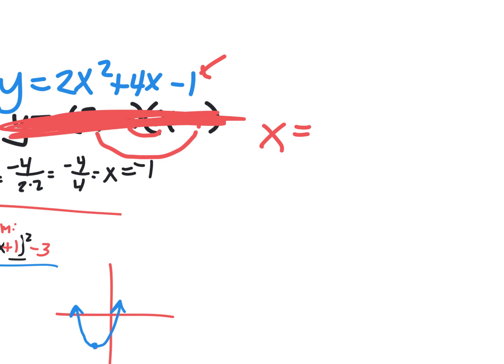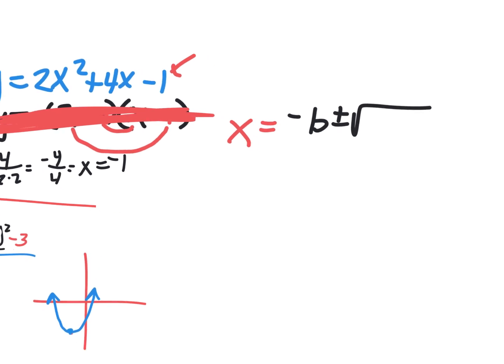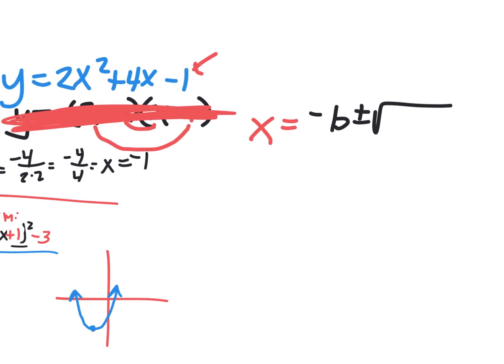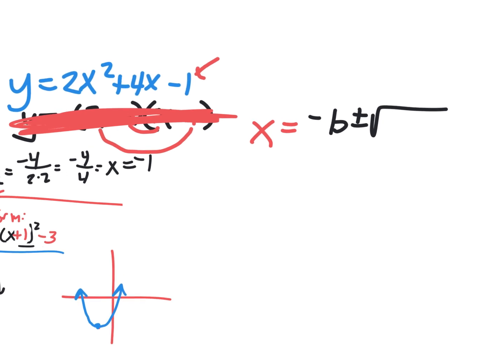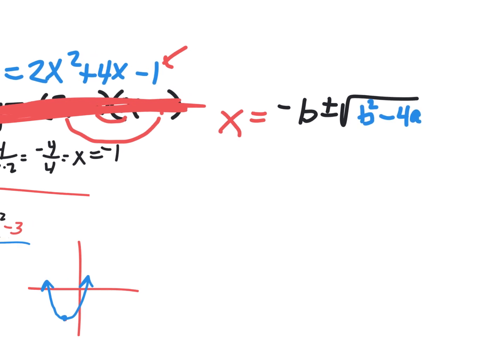Ryan, I know that this is not a strong point, but making you recall it now might make it stick forever. X equals negative b, plus or minus the square root of b squared, you're really close, minus 4ac, all over 2a.